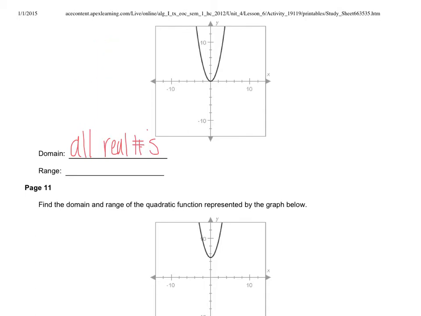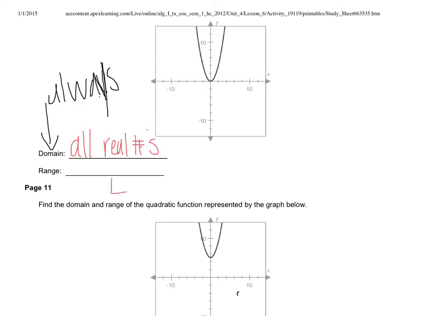So every x value will work. Every x value is a possible input. But our range is different. The domain is always all real numbers. Our range is going to be a different story.